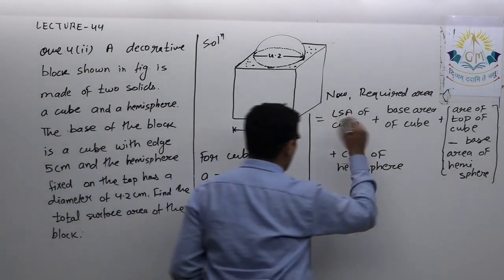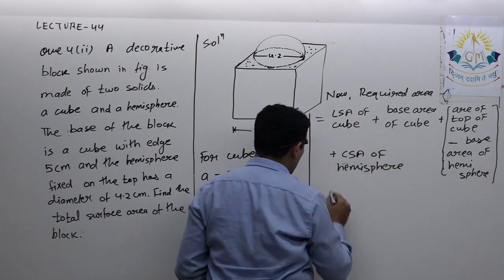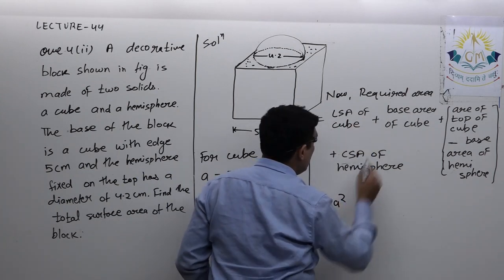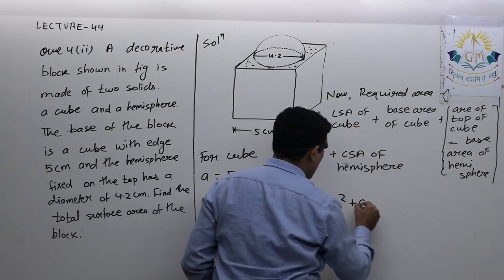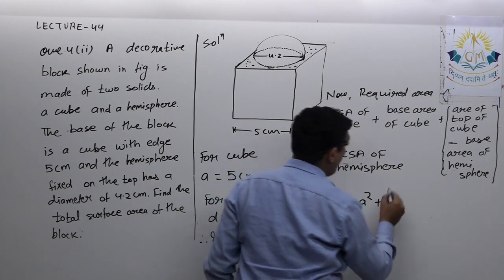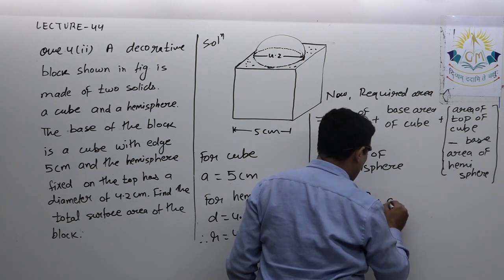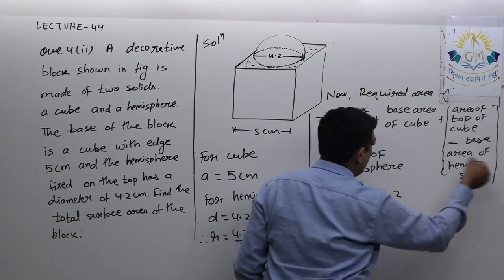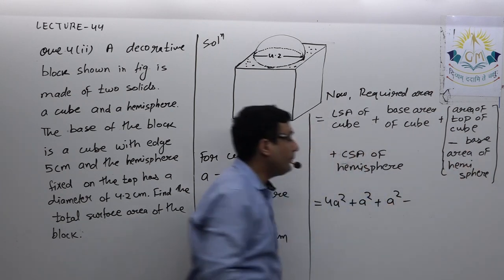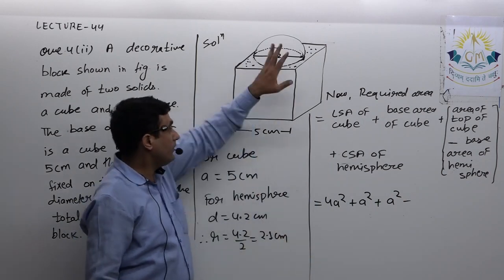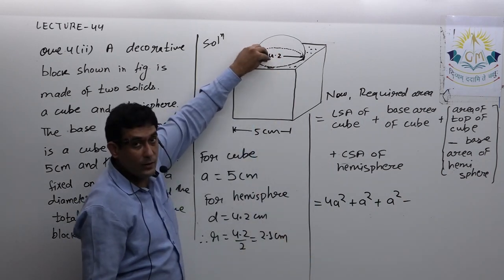Okay, so now I'll put the formula. LSA of cube is 4a square. Base area of cube is a square. Area of the top of the cube is again a square minus base area of hemisphere. Now what is the base area? In what shape is the base of the hemisphere?